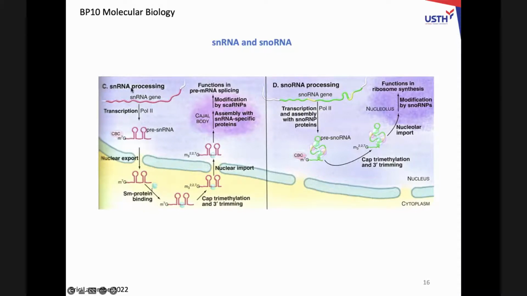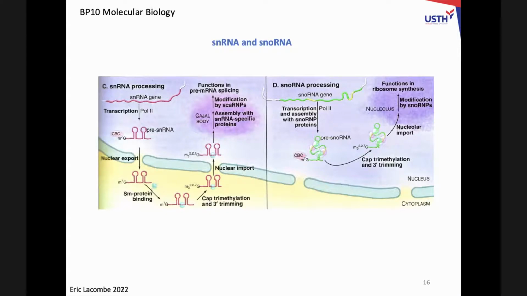So for the snRNA processing, I want us to start here, and I just want to pay attention to which polymerase is transcribing this snRNA gene. You see it's polymerase II. Is it okay?